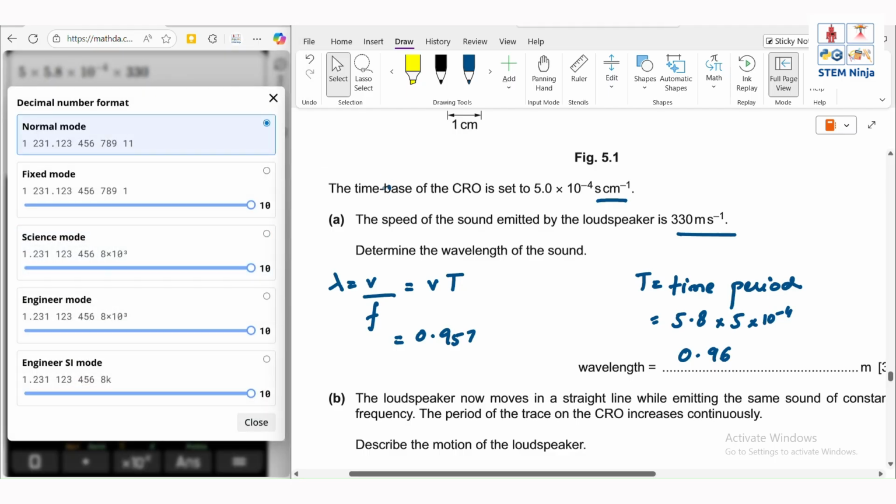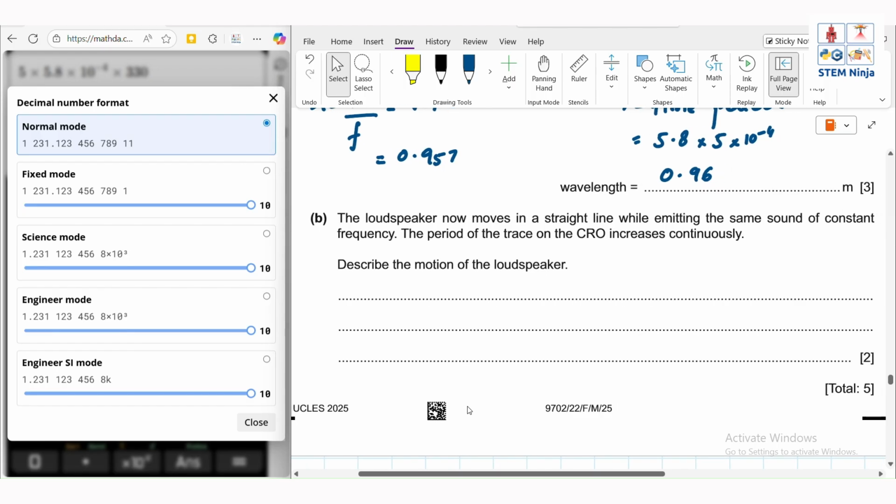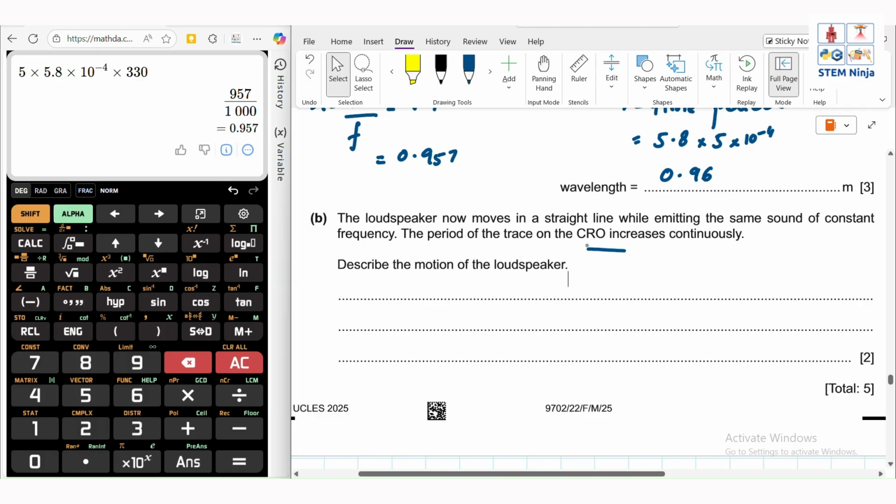The loudspeaker now moves in a straight line while emitting the same sound of constant frequency. The period of the trace on the CRO increases continuously. Describe the motion of the loudspeaker. So basically what's happening is the Doppler effect.